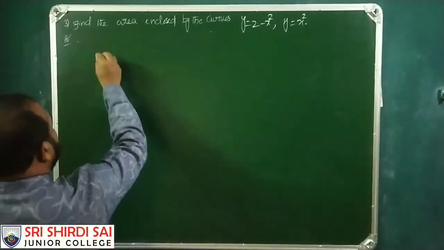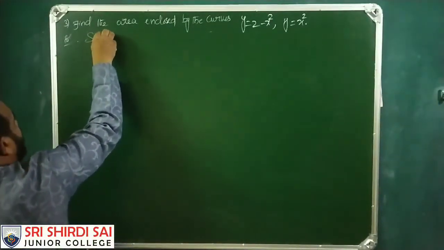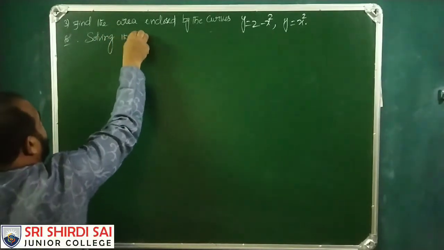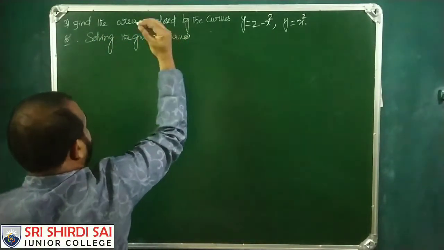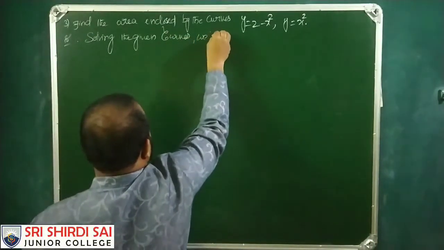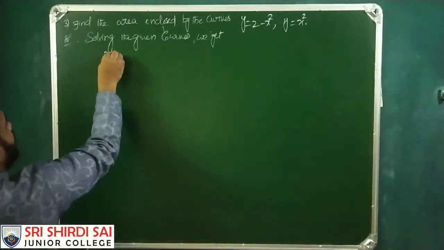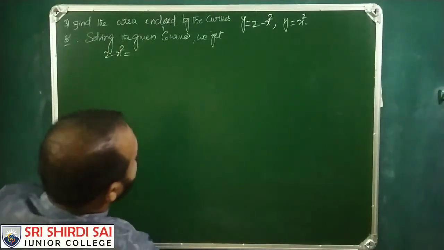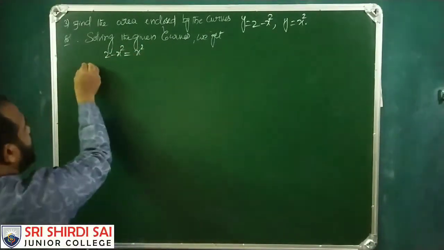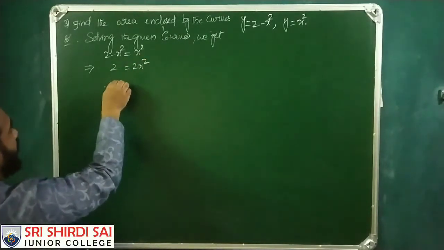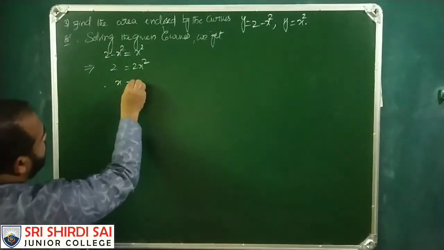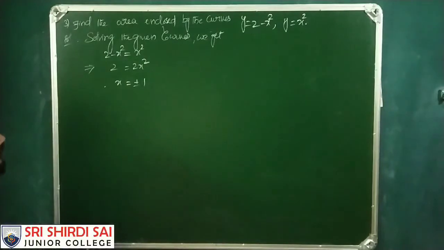Solving the given curves, we get 2 minus x square equals x square, 2 equals 2x square. Therefore, x equals plus or minus 1.